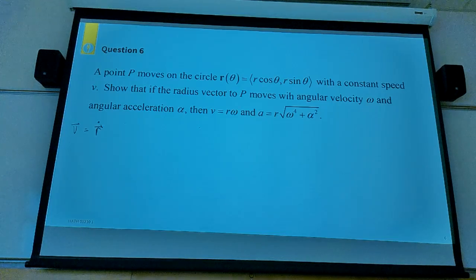Velocity is the derivative of position. What is the derivative of r cosine theta?